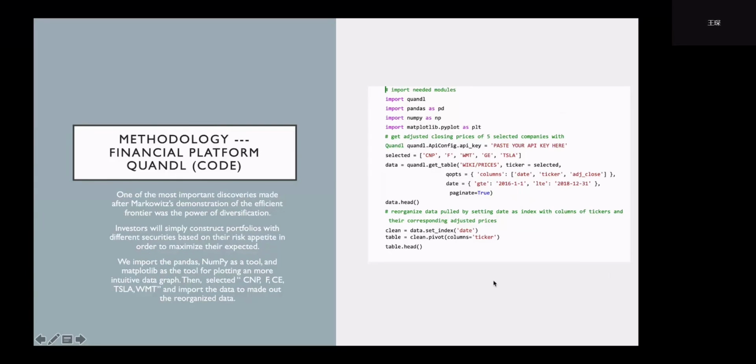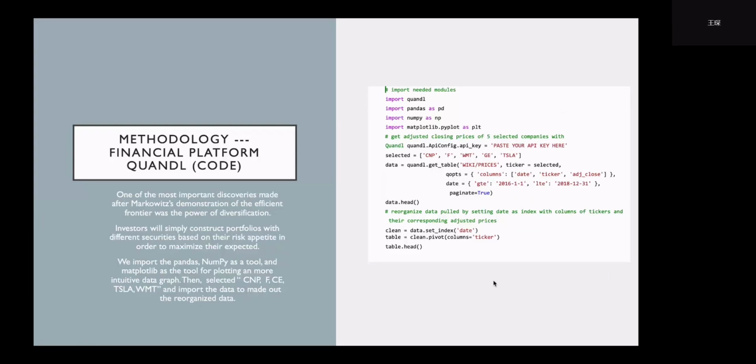Okay, here's our methodology. First we need to select the data. To access the data, we use the financial platform Quandl, which offers a Python library. We also import other libraries to select and reorganize the data we are going to use.